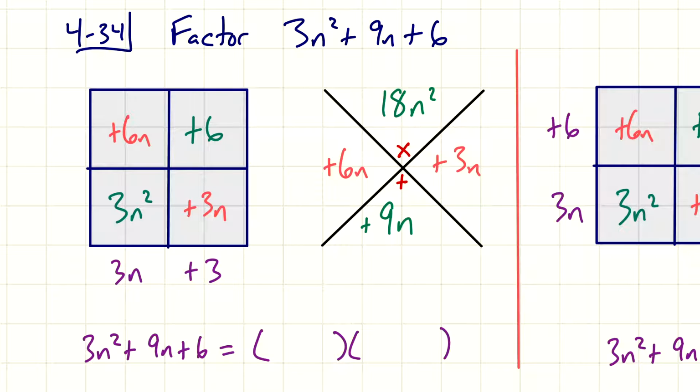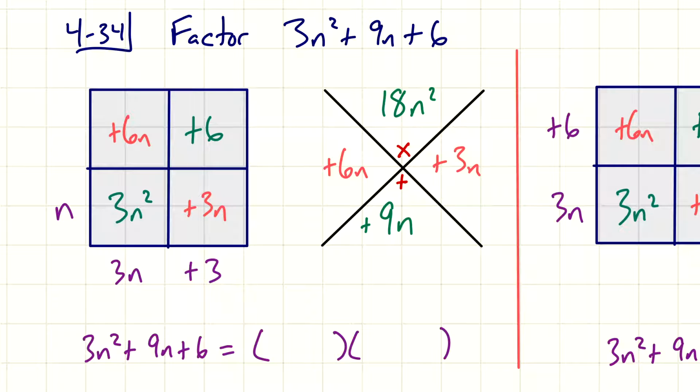All right, so if I start that, then I would go to the rows, and I could say, okay, 3n times what will give me 3n squared? That would be an n. Let me put that n.